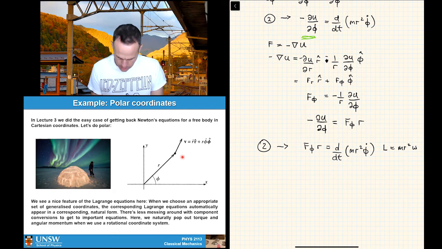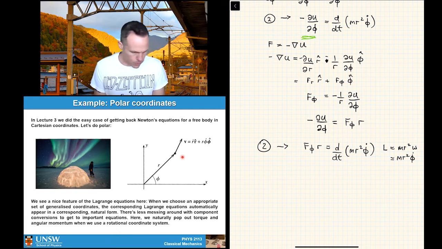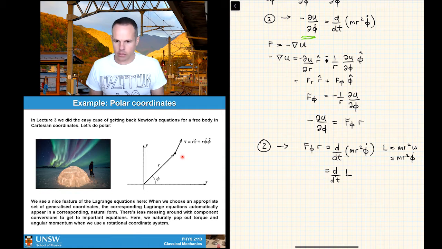You learned this in first year. The other way of writing this is m r squared phi dot. So this thing on the right-hand side here is basically d/dt of L, where here L is not the Lagrangian, it's the angular momentum, okay?